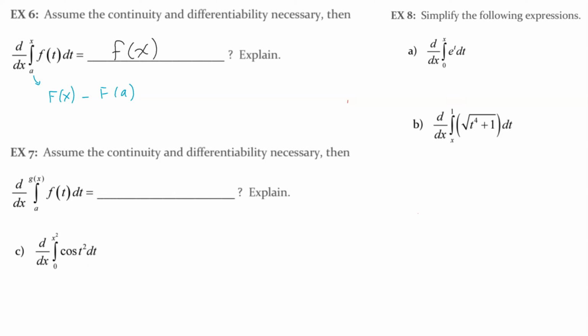That's the fundamental theorem of calculus. Then we take the derivative of it with respect to x. The derivative of the antiderivative gives you f of x, and the derivative of a constant is 0. As you can see, that is why that is f of x.